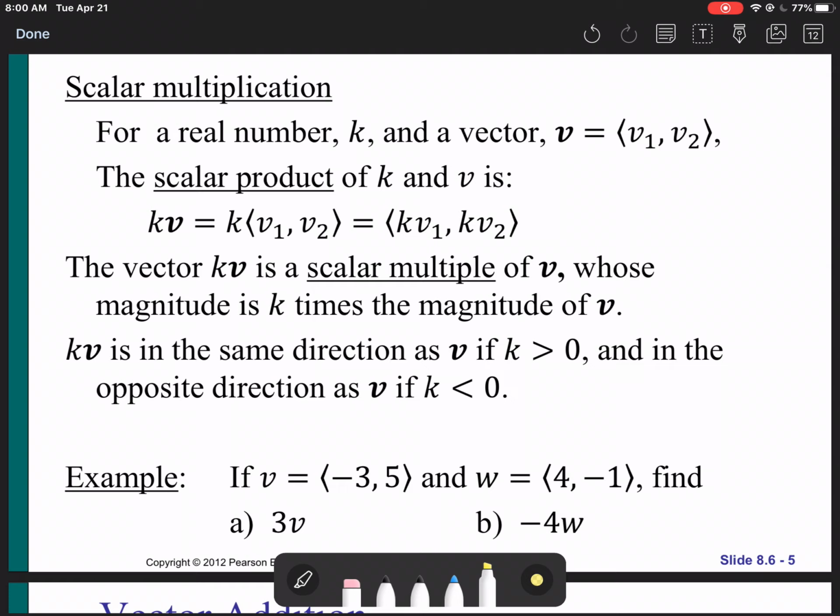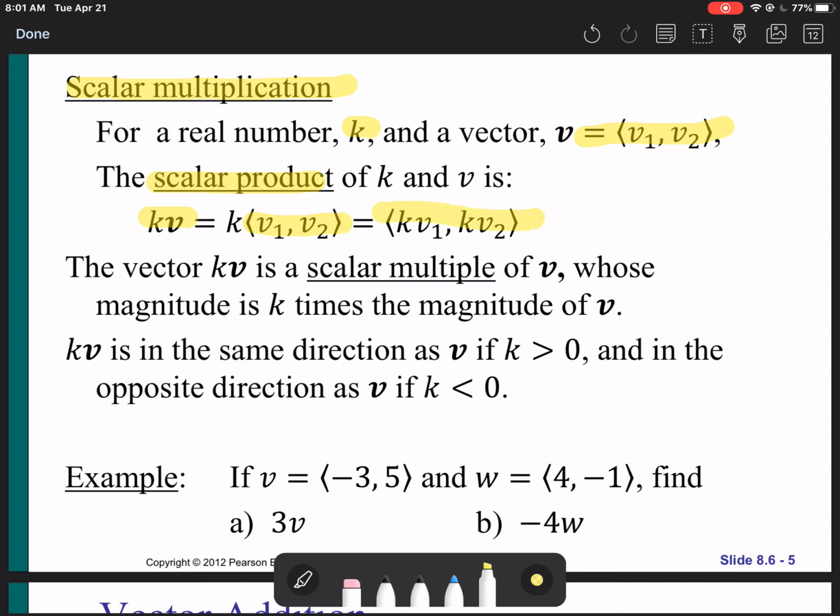So in this case, scalar multiplication, first of all, we'd say that for a real number k, so k is going to represent our constant, that's our scalar quantity, and a vector v having components v1, v2, the scalar product of that constant k times our vector v is given by k times v, or k times the components of that vector, v1, v2.